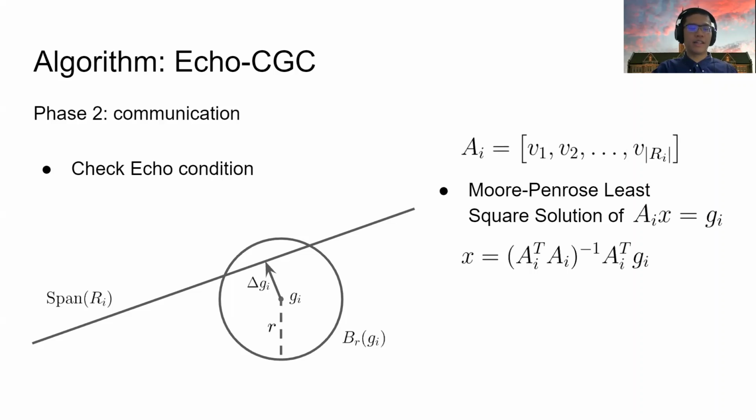This also implies that the equation AX equals G has a least squares solution, which is the pseudo-inverse multiplied by G. In other words, the vector delta G_i has the shortest distance from the span of R to the gradient G, and the echo condition is actually equivalent to checking whether the Euclidean norm of delta G is less than the radius r.